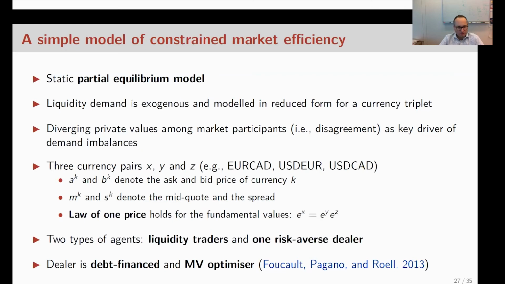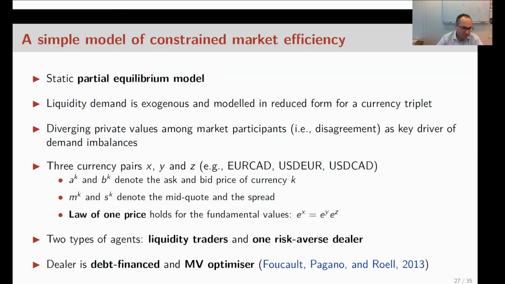What we're focusing on is three currency pairs, X, Y, and Z. We have bid and ask prices, we have the mid quotes, and we also have the spread, which we denote by S. The law of one price holds for the fundamental values of these currencies. So you see the fundamental values given by E with the superscript for the respective currency X, Y, and Z.